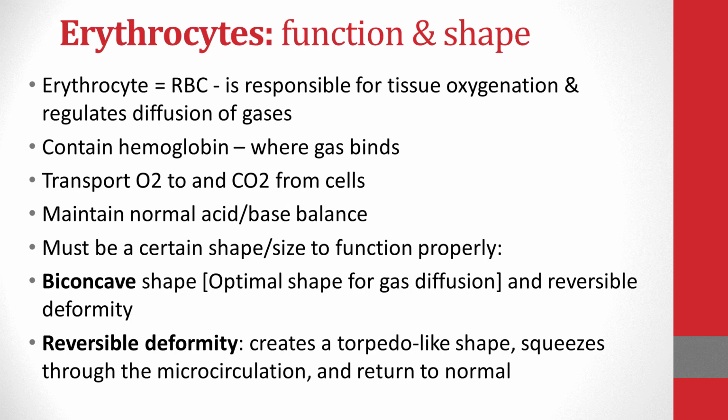Hemoglobin is where the gases bind in the hemoglobin molecule. So transport of oxygen to and carbon dioxide away from cells is a key function. Therefore, you can think about how they maintain normal acid and base balance.